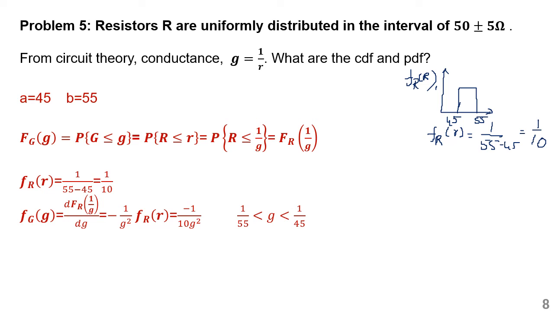Now Fg of G, that is the CDF, is given by probability of G less than or equal to G. That is equal to probability of R less than or equal to R. That is R less than or equal to 1 over G is equal to FR of 1 over G. So by differentiating this with respect to G, I get fg of G, and that is given by minus 1 divided by G square fR of R. That is equal to minus 1 divided by 10G square. And the G value varies between 1 over 55 to 1 over 45.